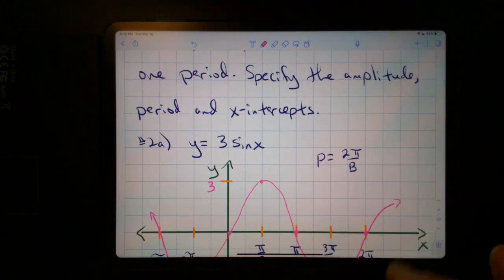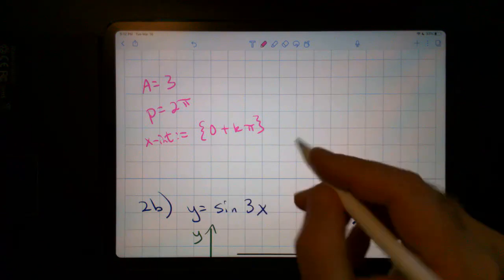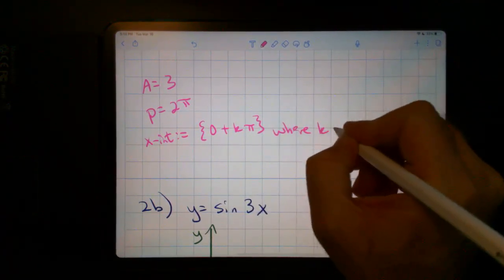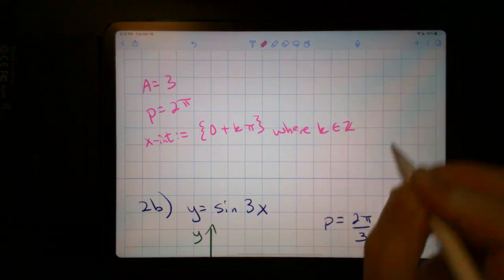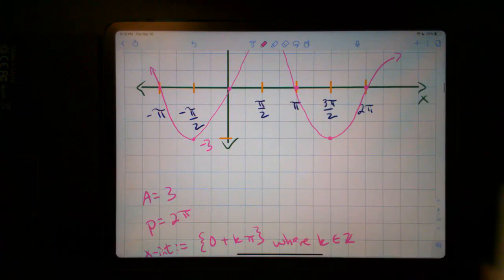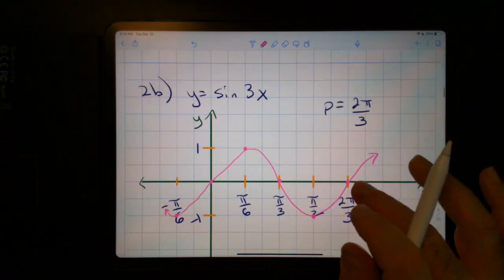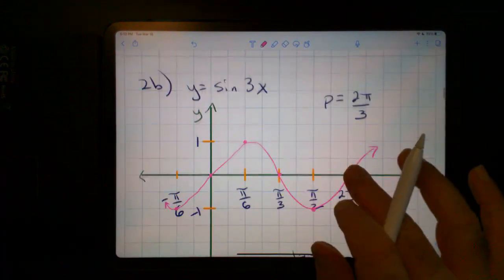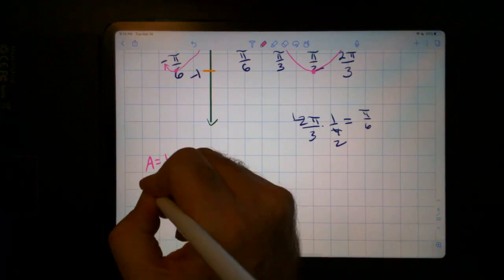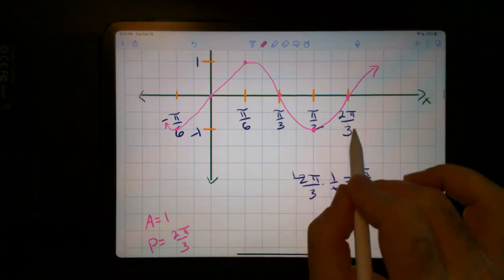Okay, specify the amplitude, period, and x-intercepts. There we go. If you want to be more precise on this, this is where k is an integer, because this works negatively and positively. Okay. This one here, our amplitude is 1. Our period is 2 pi over 3.